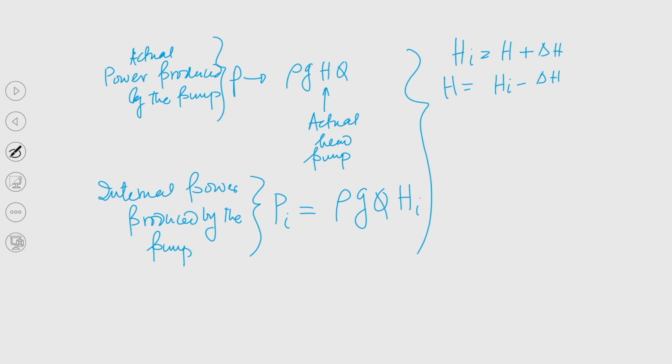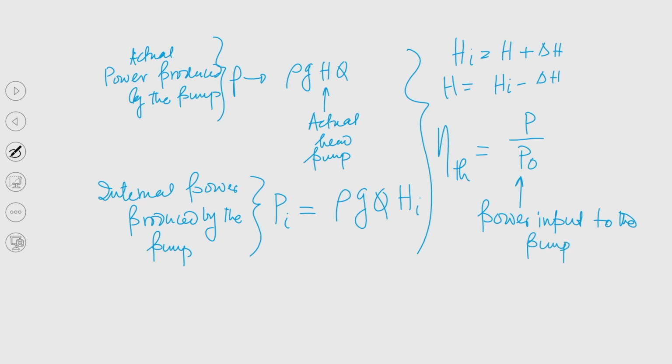So, can't we define what is eta theoretical, the efficiency, P by P naught, where P naught is the power input to the pump. So, this is the input power to the pump, right.